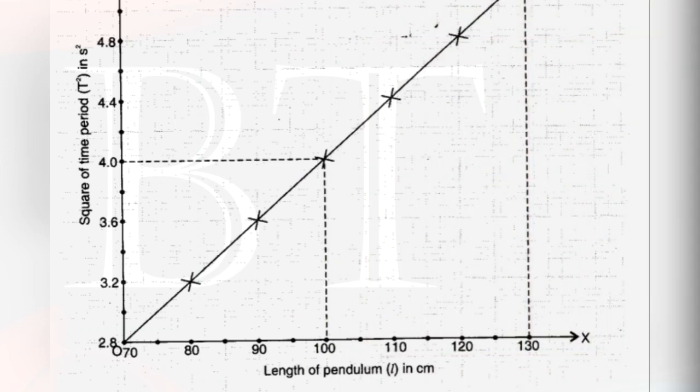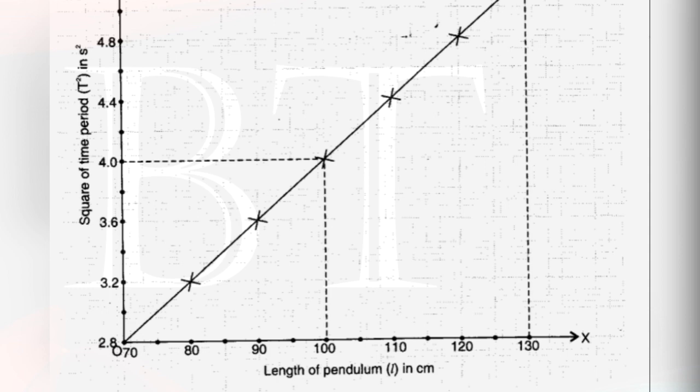If a graph is plotted for the square of the time period T² taken along the y-axis against the length L taken on the x-axis, it comes out to be a straight line inclined to the x-axis as shown in the figure.